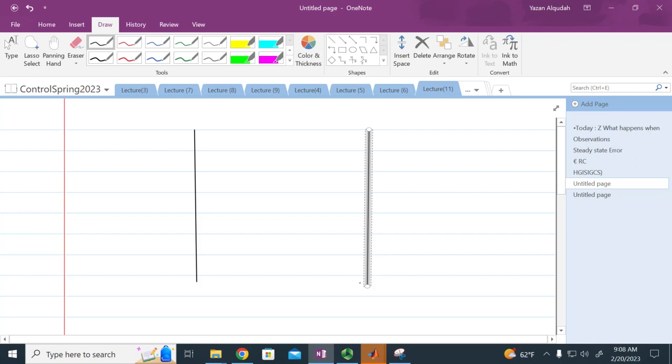So first, when we have a type 0 system, we're going to see what happens when we have type 1 and what happens when we have type 2 or higher.